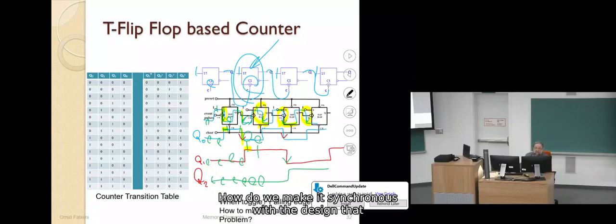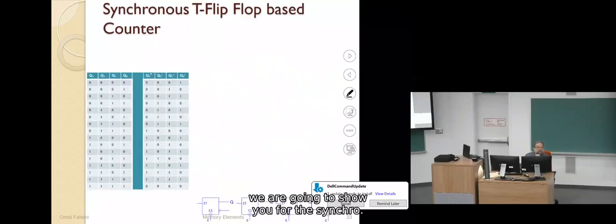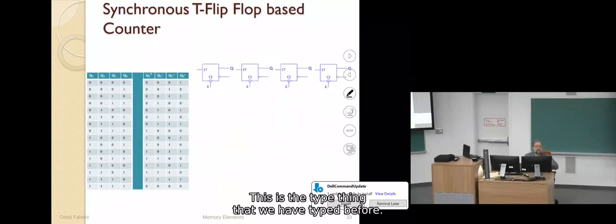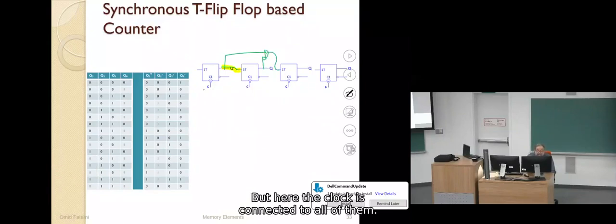With the design that we are going to show you. For the synchronous one, this is the thing that we have talked about before. So this goes to T. This goes to T. This one and this one go to T. But here, the clock is connected to all of them.